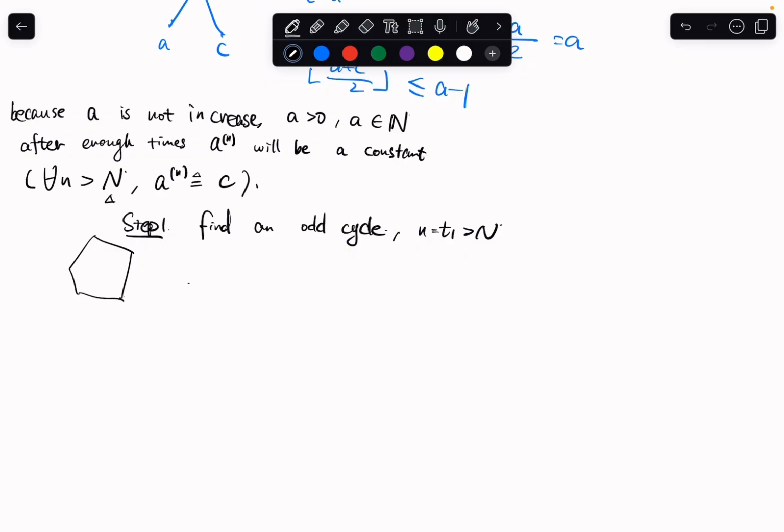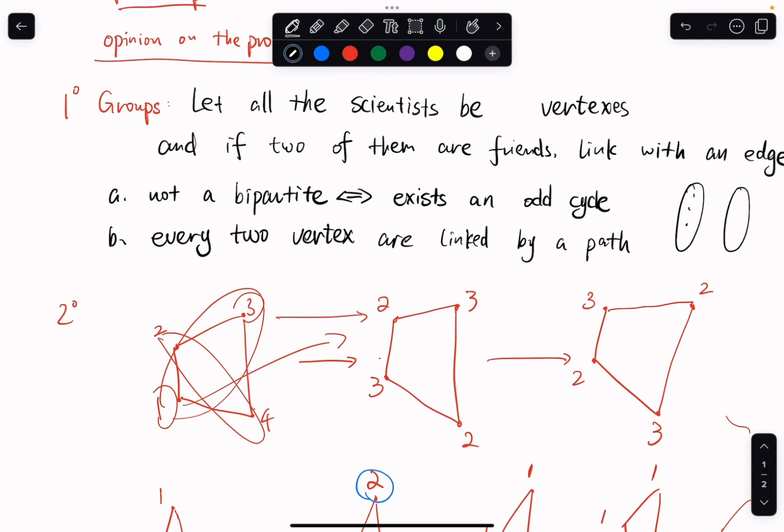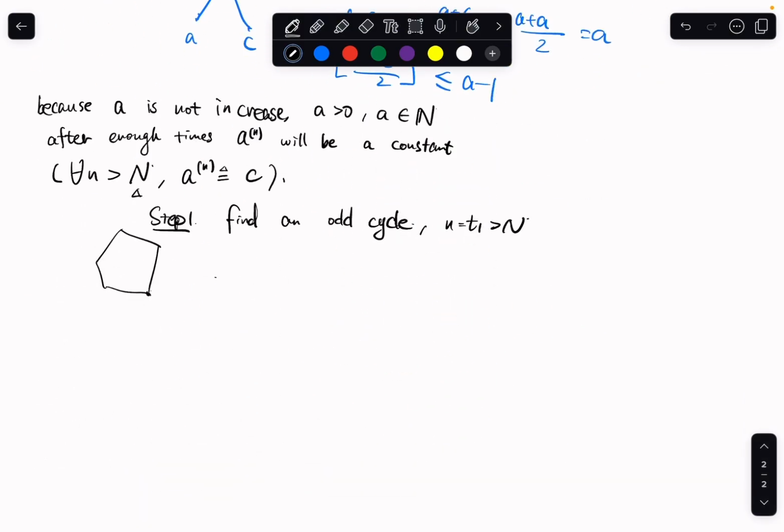like because of condition 2, that every two vertices are linked by a path. So in this graph, there must be one point with C, and there will be a path linked to one of the points from the odd cycle. We just denote it as v1, v2, ..., vm endpoints.